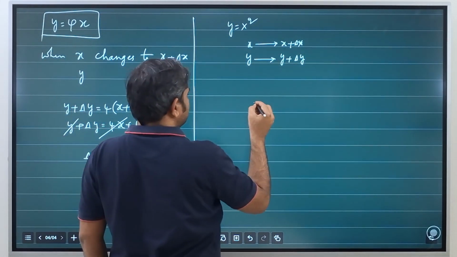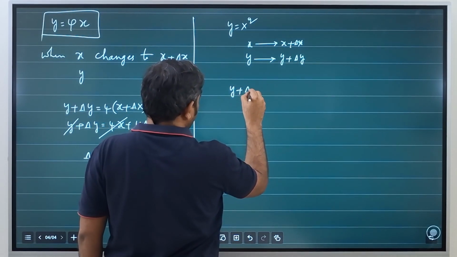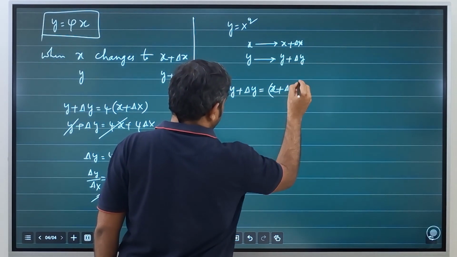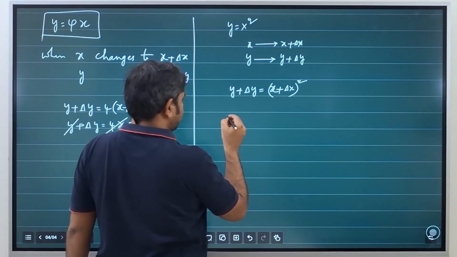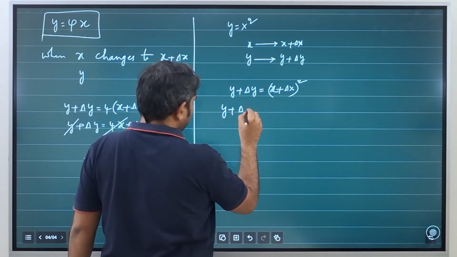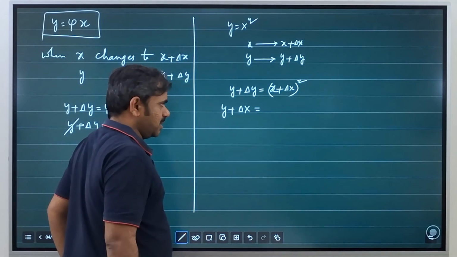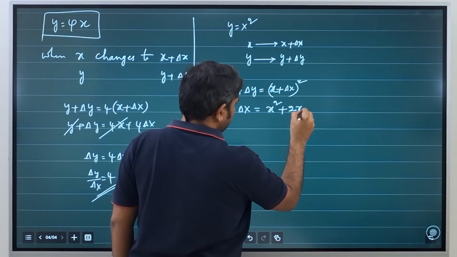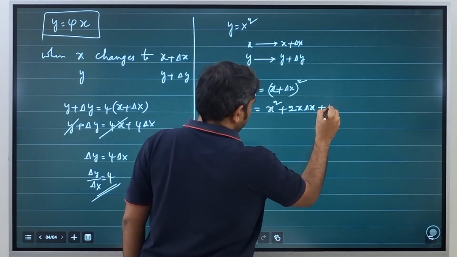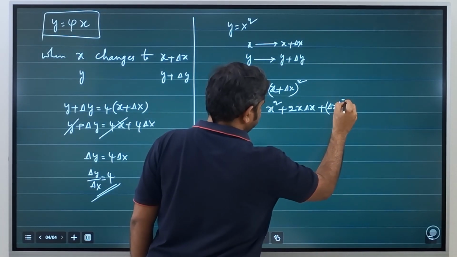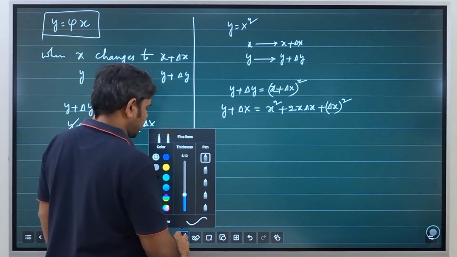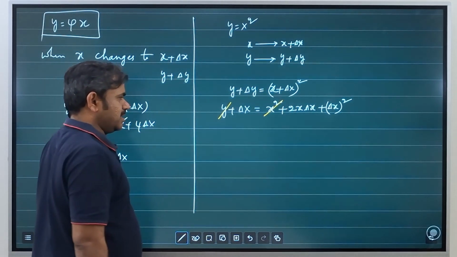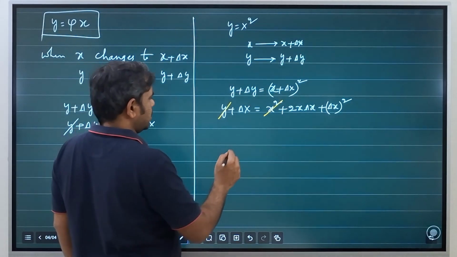If y is equal to x square, y plus delta y is equal to x plus delta x whole square. Expand the right hand side. If you expand it using the a plus b whole square formula, you will get x square plus 2x delta x plus delta x whole square. You know y is equal to x square. There is a mistake here.